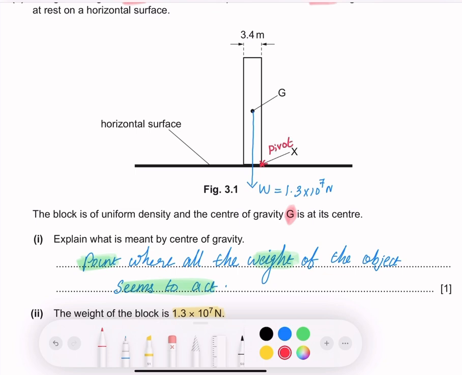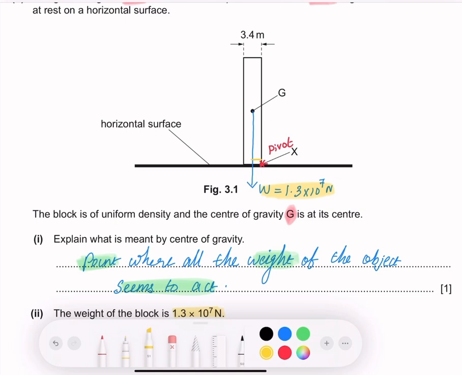In order to calculate moment, we have already discussed, that is the product of weight times perpendicular distance from the pivot, or the perpendicular distance between the pivot and the line of action of force. So this distance we need to find out.